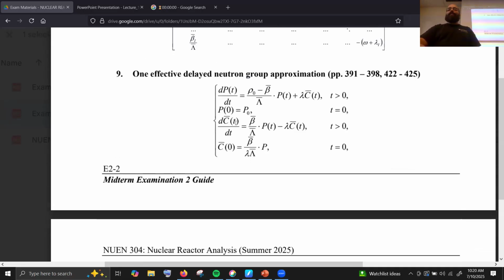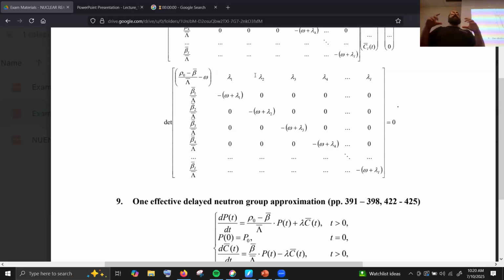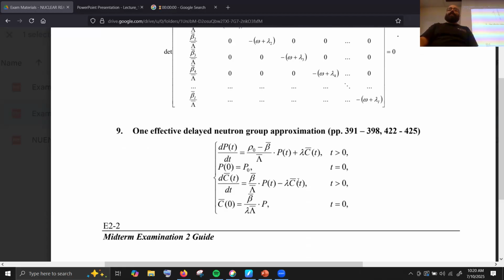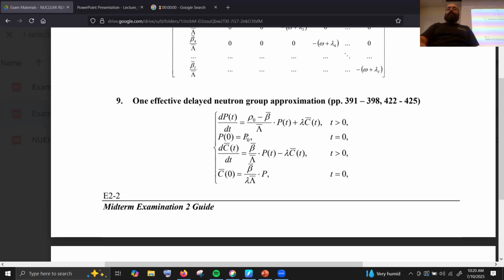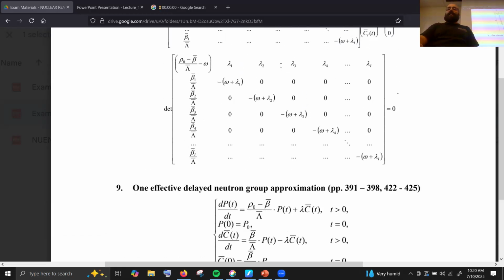We're writing these equations with capital I delayed neutron precursors, but we can make approximations to simplify how many groups we consider. One way to do that is to assume that you have one delayed neutron precursor group, and that allows these equations to be solved much more simply, analytically. Otherwise, the equation you get is one you basically can't solve analytically; you end up with a transcendental equation that you have to solve graphically.